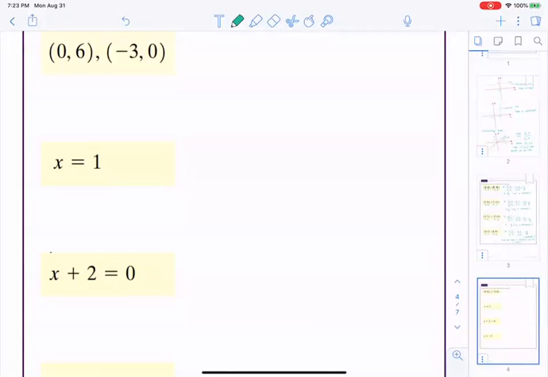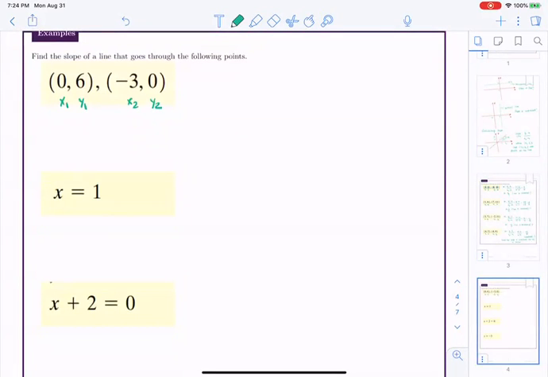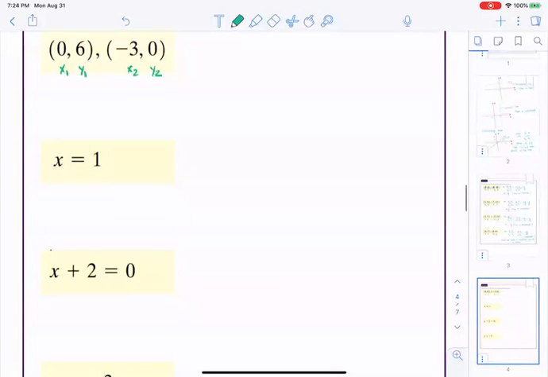So here we have 2 points, x1, y1, and x2, y2. Again, we're trying to find the slope of the line that is going to go through the following points. So the slope is y2 minus y1 divided by x2 minus x1. y2 is 0, y1 is 6, so -6. x2 is -3, x1 is 0, minus 0.